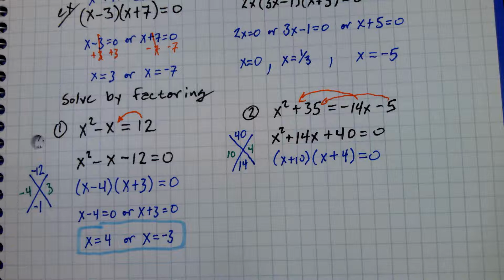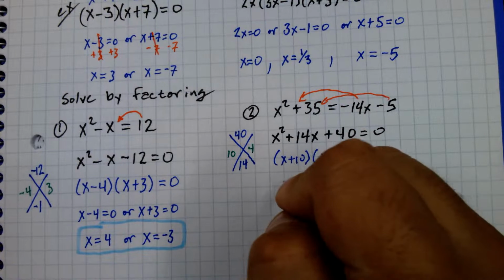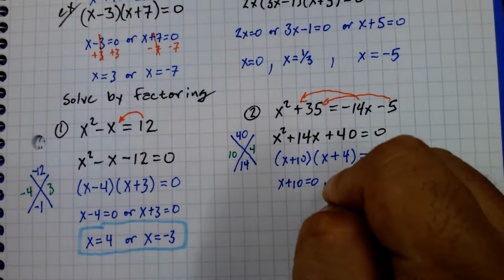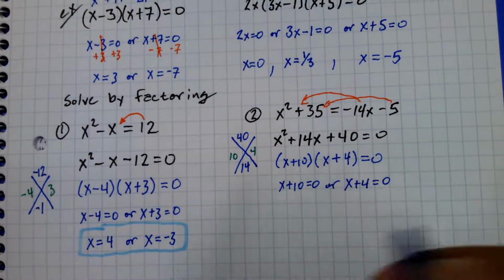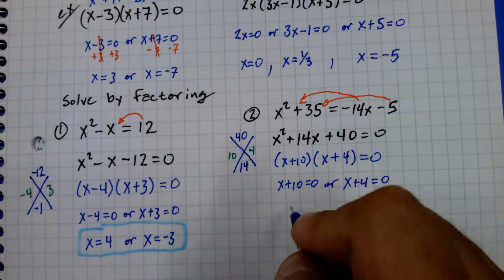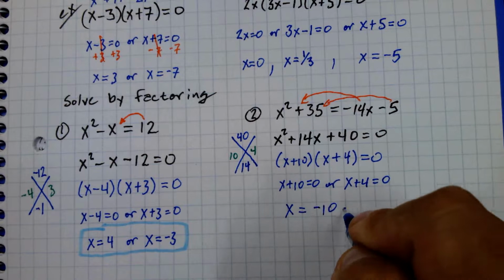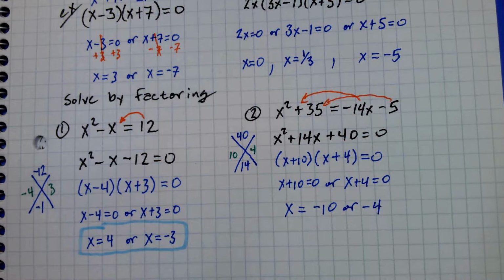X plus 10 equals 0 or x plus 4. Yeah, you could do that. X plus 10 is 0, or x plus 4 is 0. X equals negative 10 or x equals negative 4. There you go.